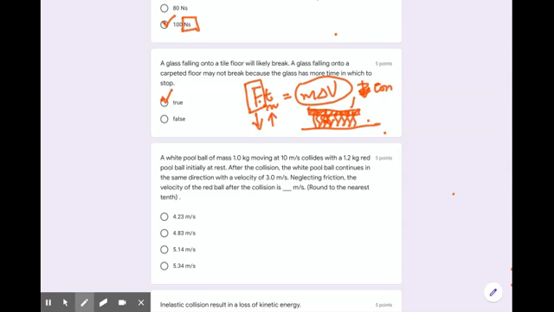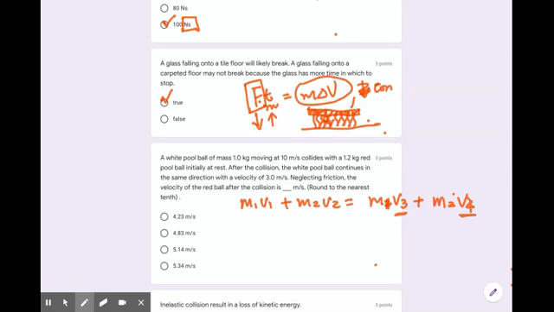Okay, so M1 V1, the momentum of the first ball, and the momentum of the second ball add together. M1 V1 plus M2 V2 should be equivalent to M1 V3 plus M2 V4, because they do not stick together. They're moving separate ways, so the velocities will be different, okay?